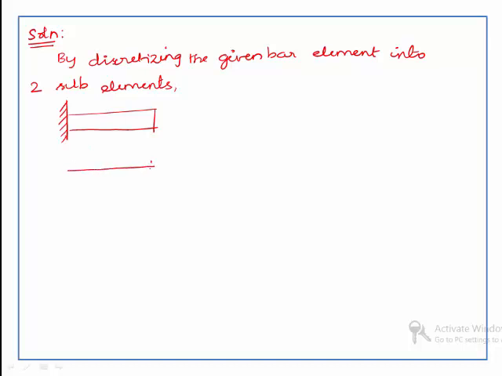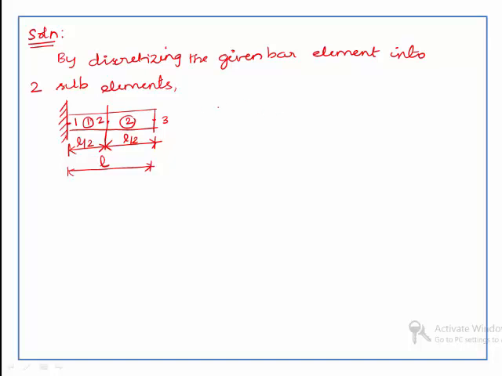So this is the actual pictorial representation given in the problem. Now subdivide the entire element into two convenient elements. So the nodal points are 1, 2 and 3. Now the length of each subdivided element is L by 2, L by 2.